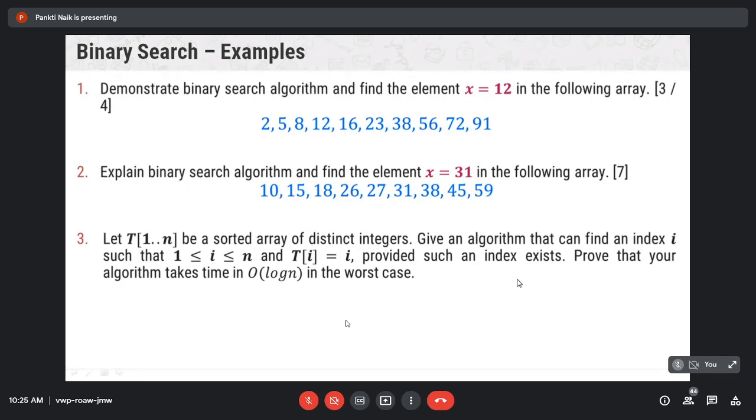Right? Now this is the binary search example. So example 1 and 2, you have to take as an assignment. All of you write down this first and second example in your notebook and submit this example as assignment 1.